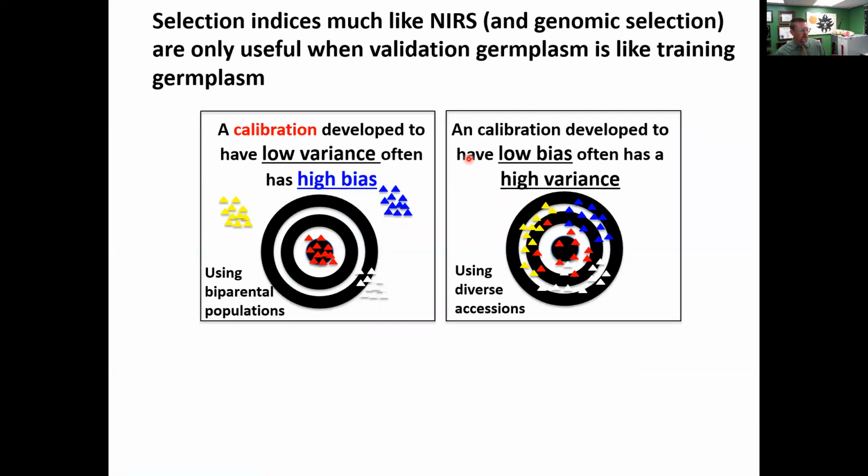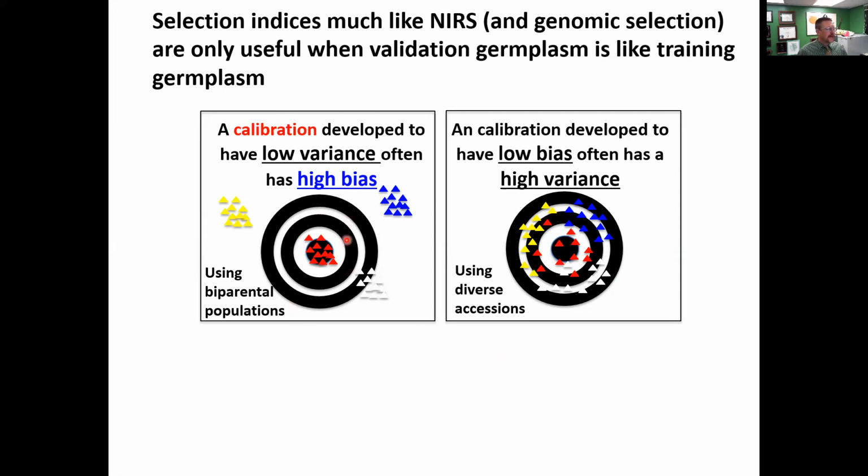I do just want to point out one last thing in terms of structuring this data. We have this idea of global calibrations and local calibrations. And I've already used the example of biparental populations. So that's a two-parent population, right? So if we have two-parent populations and we develop any type of calibration, this could be a genomic selection calibration, it could be a phenomic selection calibration, it could be an NIR calibration.